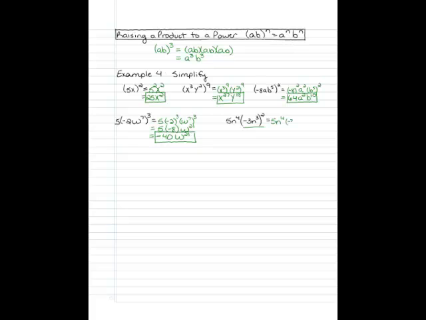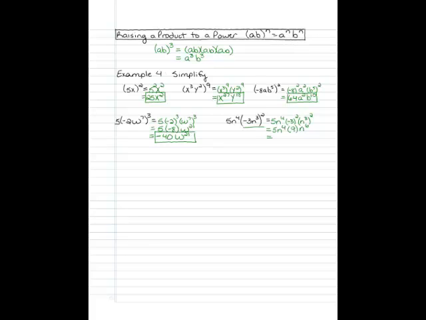So we have -3 squared and n cubed squared. 5n to the 4th hasn't changed yet. -3 squared gives you a positive 9. N to the 3rd squared, 3 times 2 is 6.